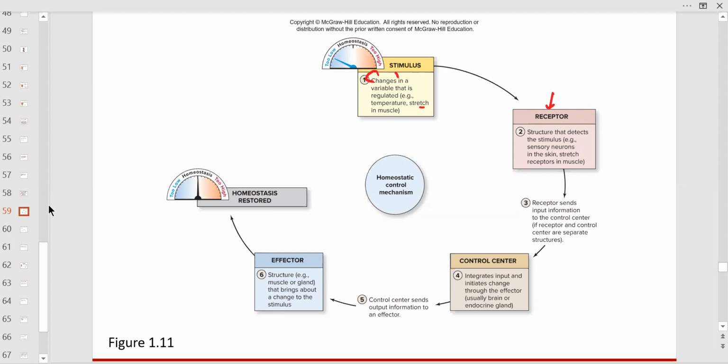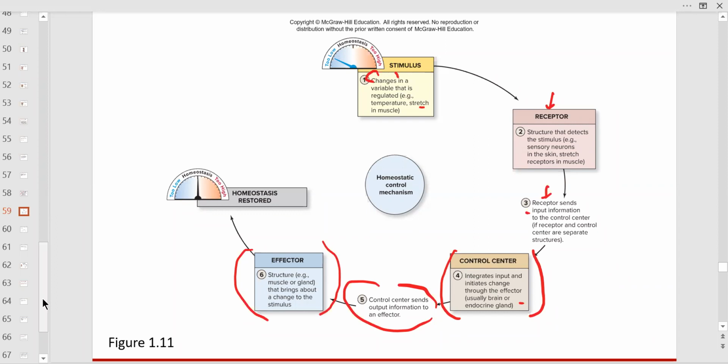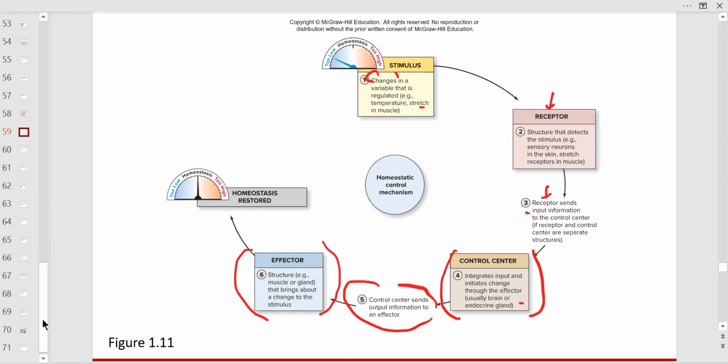The receptor sends the input to the control center, which is usually the brain, and sometimes an endocrine gland like the pancreas. And then it sends an output. The output goes to the effector, like the heart, or the blood vessels to constrict and increase blood pressure. All right, very important. And then homeostasis is restored.